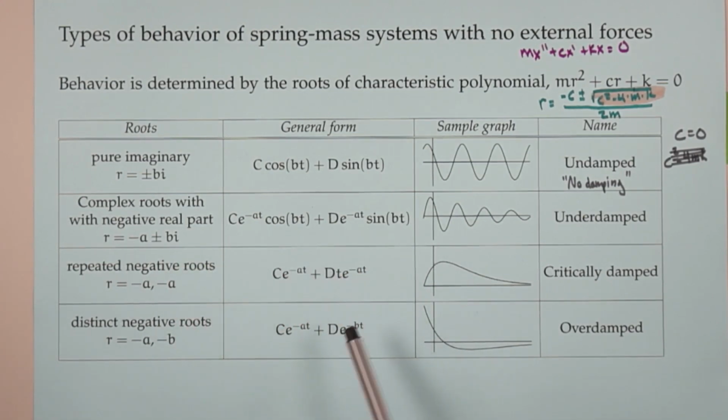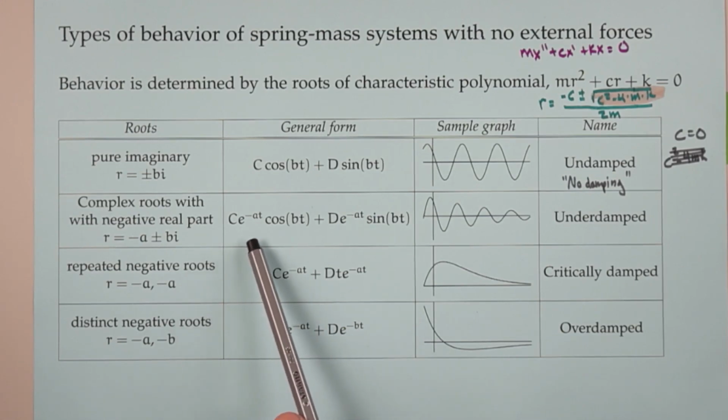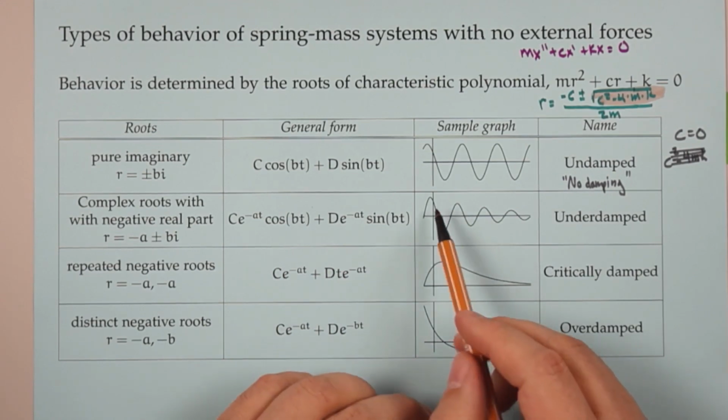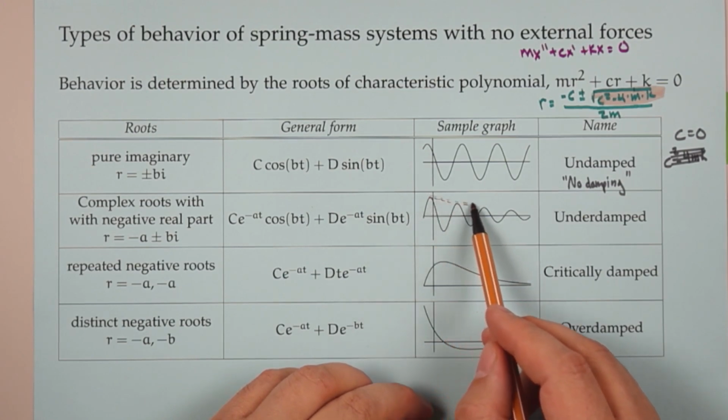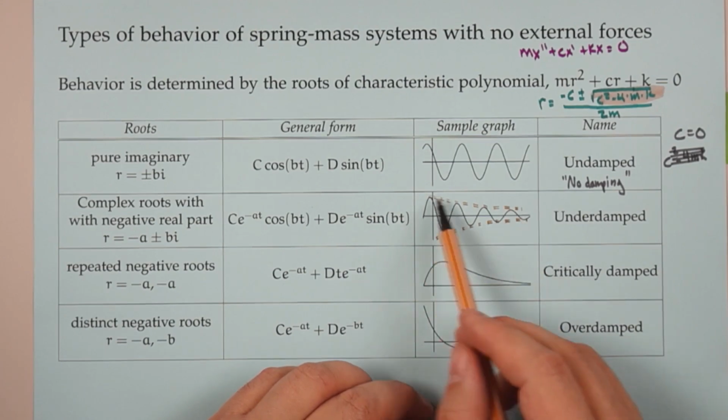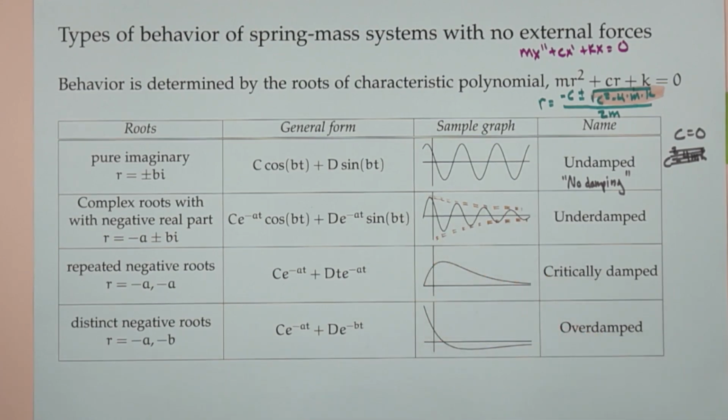And so we see some constant e to the minus at cosine bt, some constant e to the minus at sine bt. This is like the problem we just did. In particular, we see that there's this exponential bounding curve on the top and the bottom, and we just oscillate between the two of them. This is what we call underdamped.